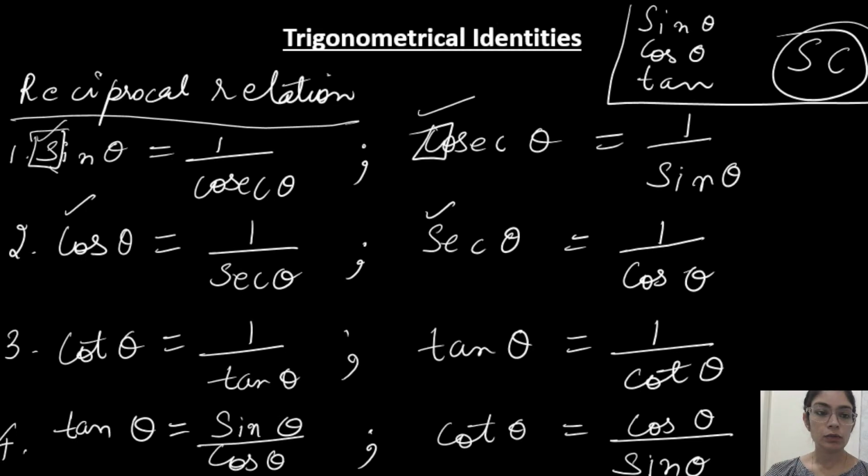Okay, so let's do the second type of relation. The second type of relations which we have is square relations. There are three square relations. The first one is sine square theta plus cos square theta is equal to 1.